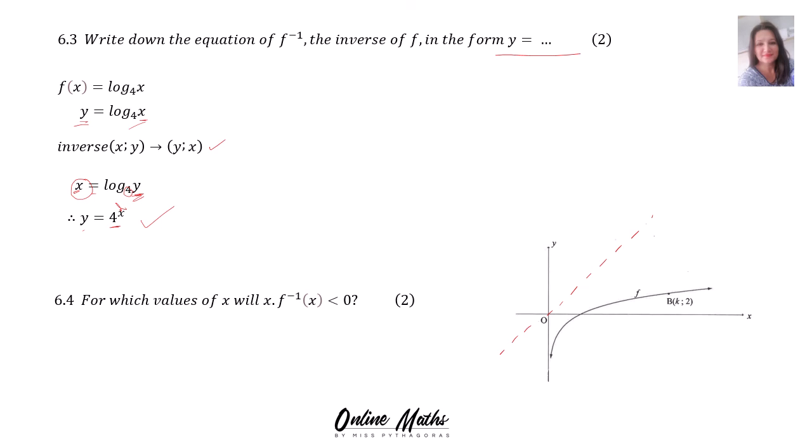And then on number 6.4, for which values of x will x times the inverse be smaller than 0? So first of all, I am going to quickly show you this graph over there, this is the y is equal to 4x graph.